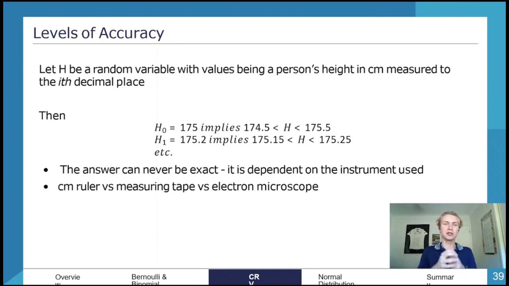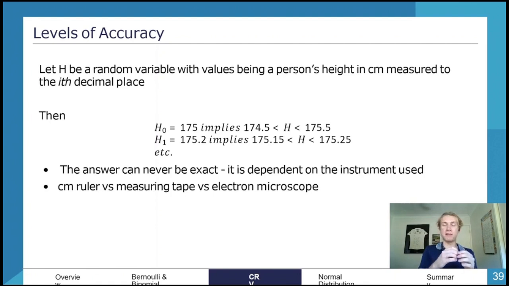It's actually a range of probability, and it's equal to half of the most accurate measurement. So if I'm measuring in centimeters, it's going to be half a centimeter either side. Conversely, if we had millimeters, it would be 0.5 millimeters.